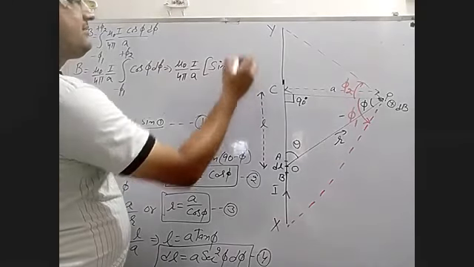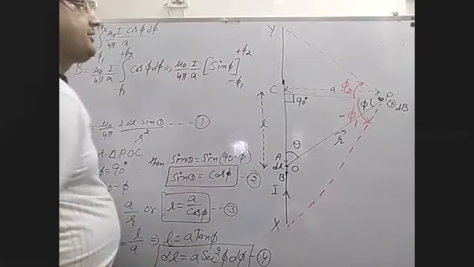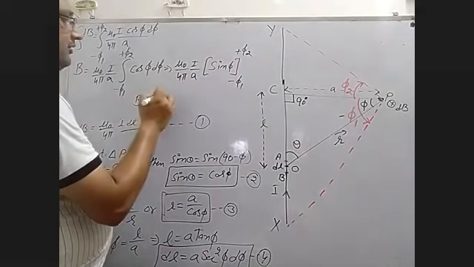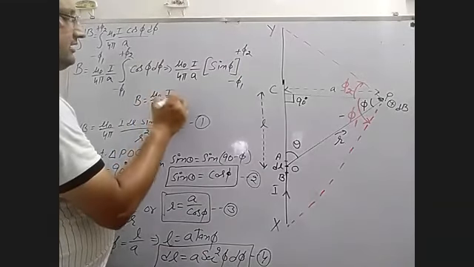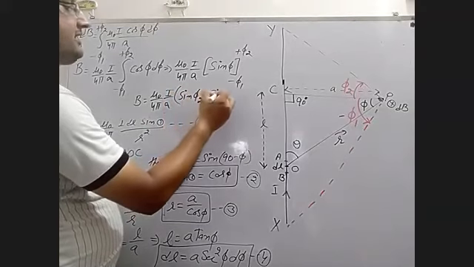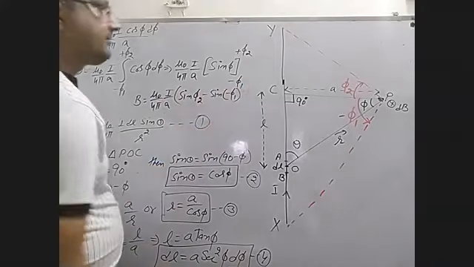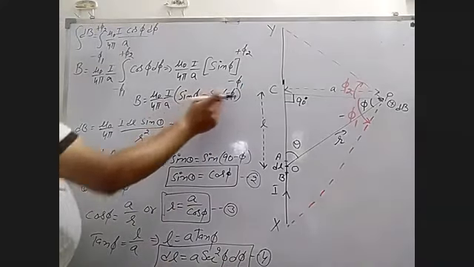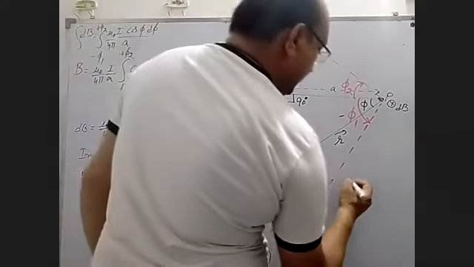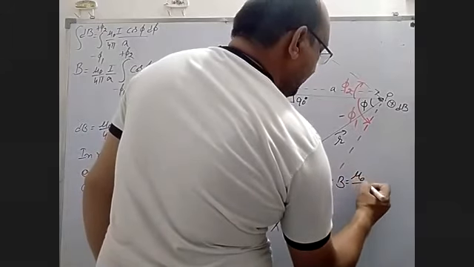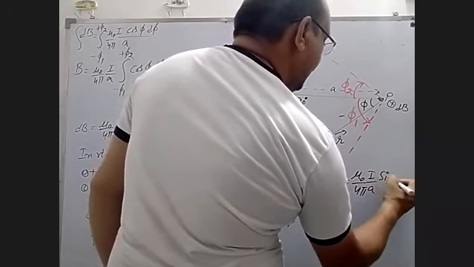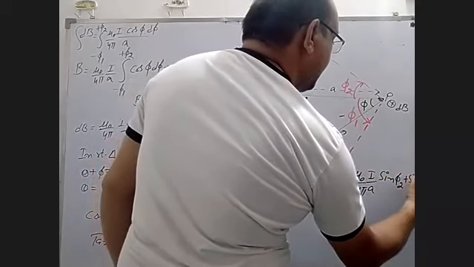And this is minus phi 1, this is plus phi 2. Now upper limit minus lower limit. Mu naught upon 4 pi I upon A, sin phi 2 minus sin minus phi 1. And minus minus plus. So the required result is sin phi 2 plus sin phi 1.